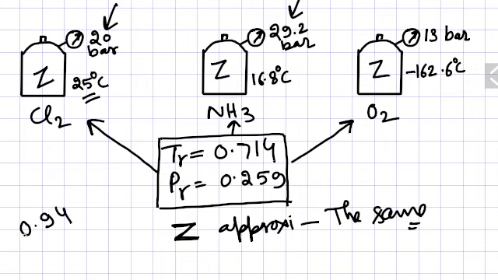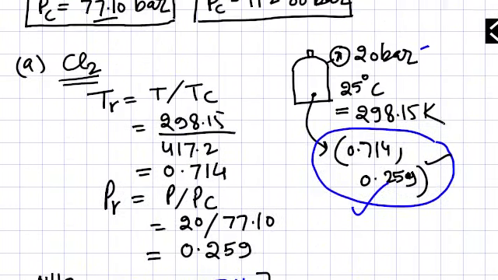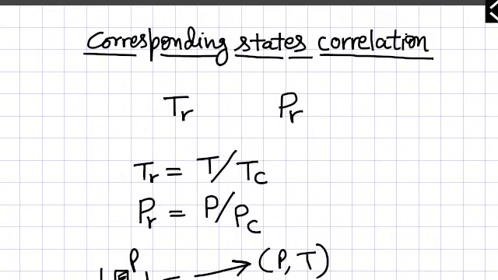For example, if chlorine gas at this condition has a compressibility factor of about 0.94, then ammonia will also have a compressibility factor of 0.94 and oxygen will also have the same, approximately. But you can say that there is some correlation between these gases at this state. That's why this is called the corresponding states correlation.